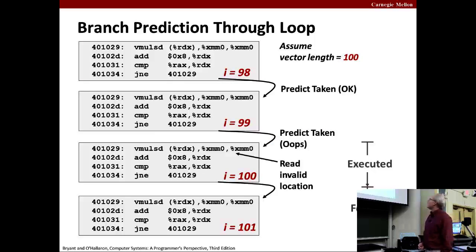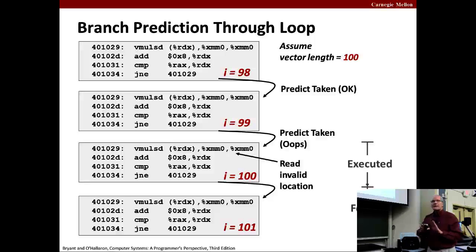So in general then, it will predict it one way and begin executing. So imagine, for example, in a loop like I've shown you, that you predict that the branch will be taken, that you'll go back to the start of the loop again. That's actually a pretty good guess. It's a good guess until you hit the end of the loop. But let's just guess that way. And so the program will just keep guessing that the branch will be taken.